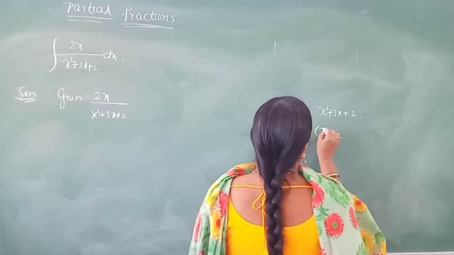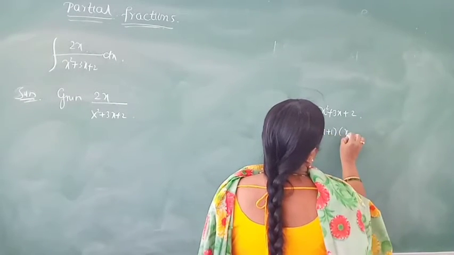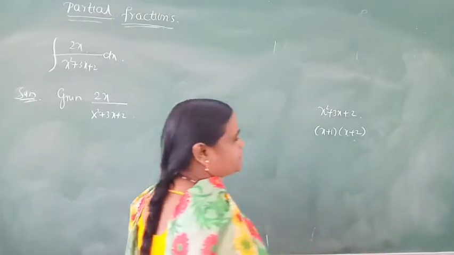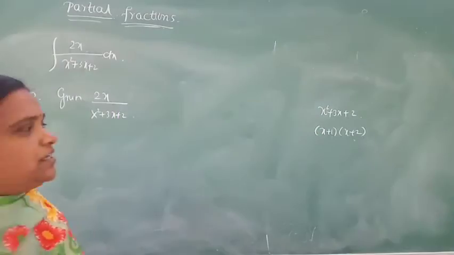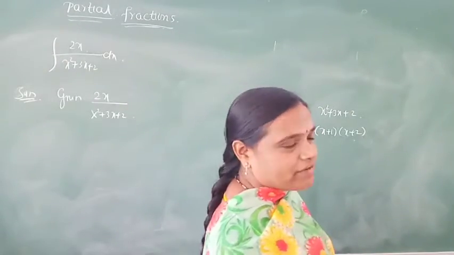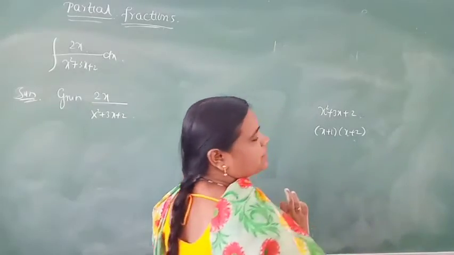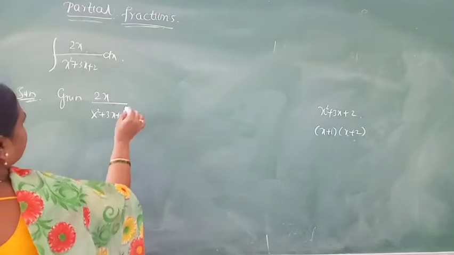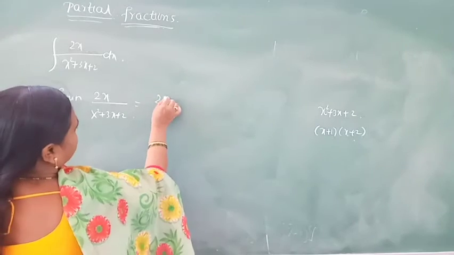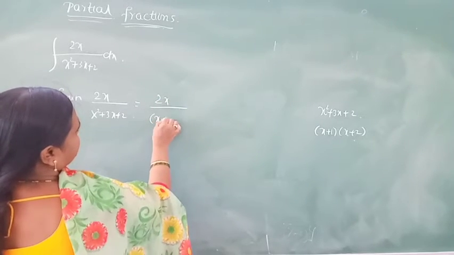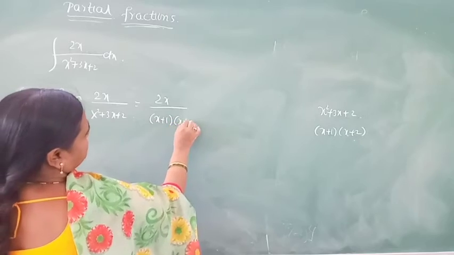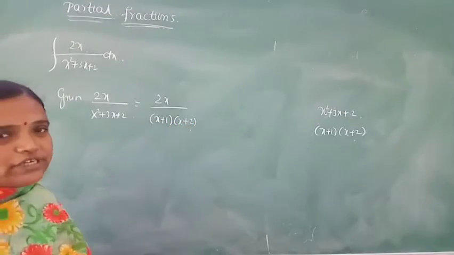Factors are x plus 1, x plus 2. I think you know how to calculate the factors. Already you know it from school level. X square, 2x, x, we will get this. Therefore, we can write this as 2x divided by x plus 1, x plus 2. I think you know how to calculate this.